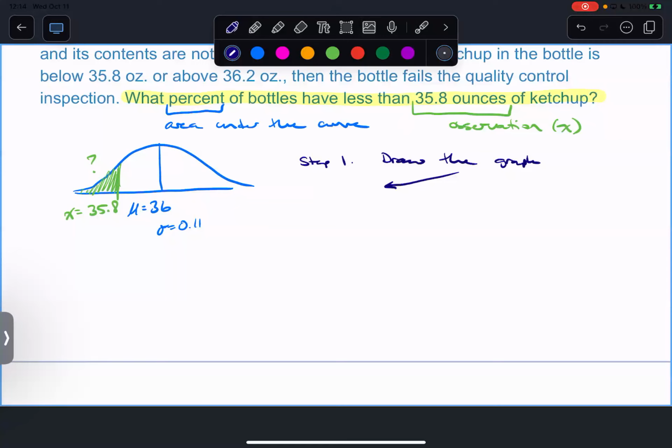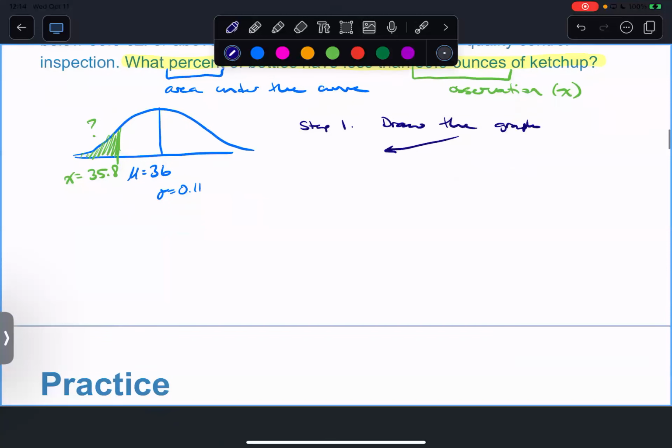So as long as you tell me what you're about to do and then you do it, even if that was wrong or kind of minorly wrong, then that's okay, right? So draw the graph, always draw the graph, even if it doesn't make sense to you yet, it will. Step two, calculate Z.